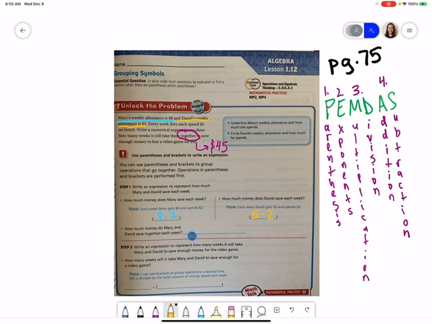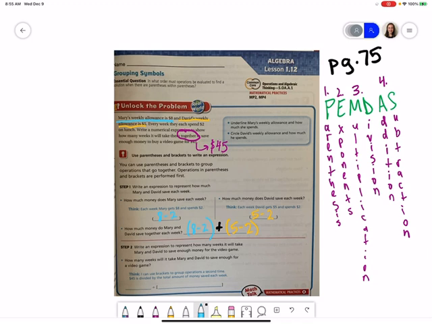How much money do Mary and David save together each week? So we've got 8 minus 2 plus 5 minus 2. We would solve this by doing what's in the parentheses, if we needed to solve.